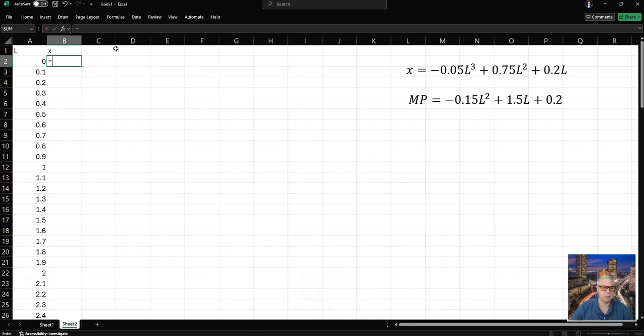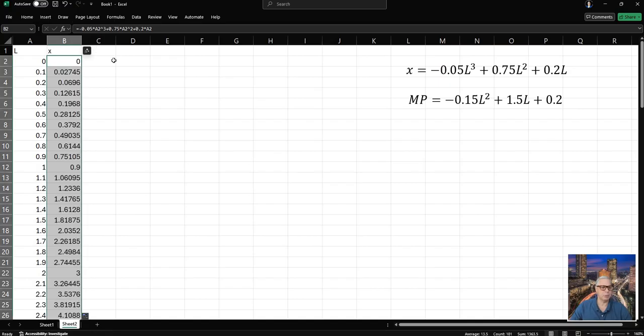So this is equal to minus 0.05 times L cubed plus 0.75 times L, we always need to pick that up from the first column, squared, plus 0.2 times L. Okay, no labor, no output. Now we copy down again that formula.